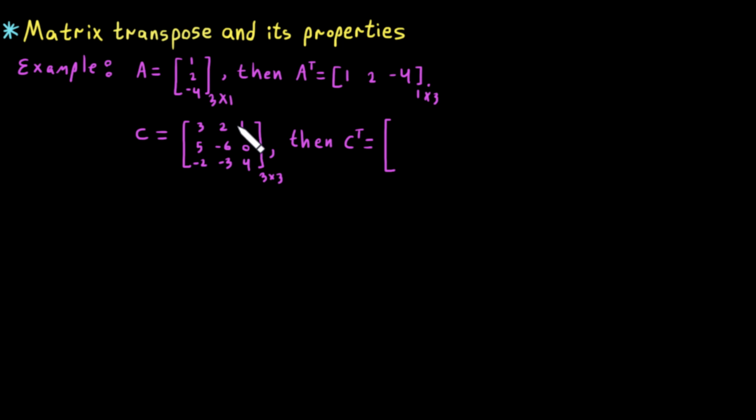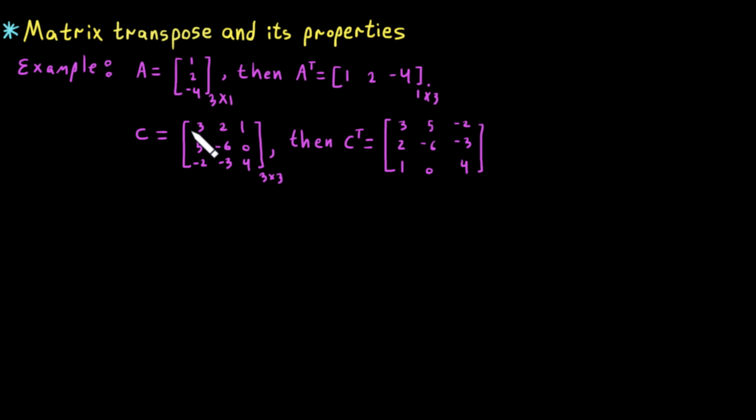So the first row will become the first column. So 3, 2, 1, 5, -6, 0, -2, -3, 4.